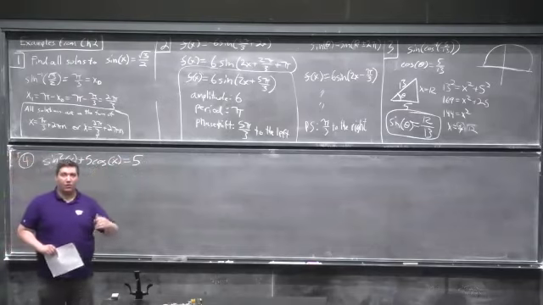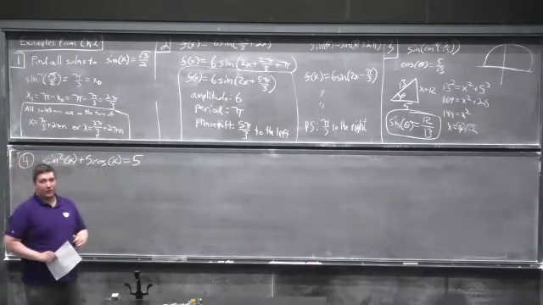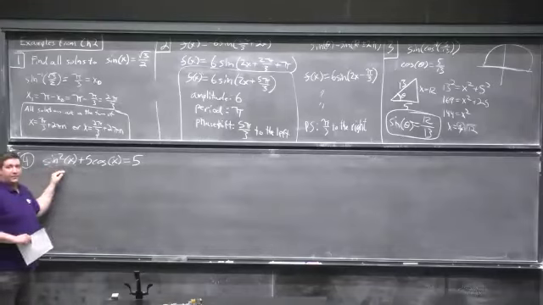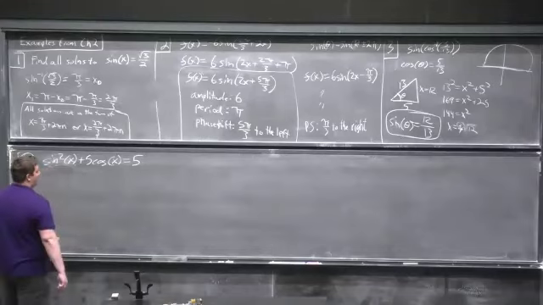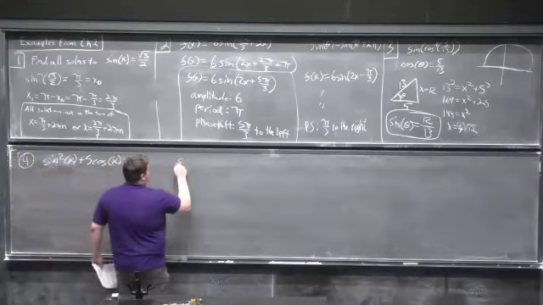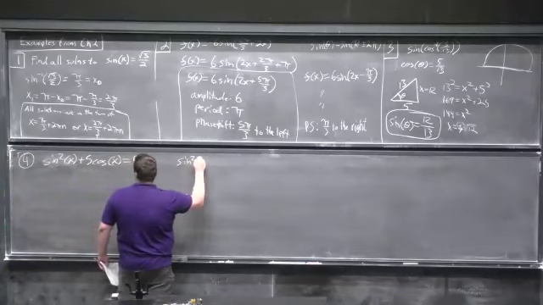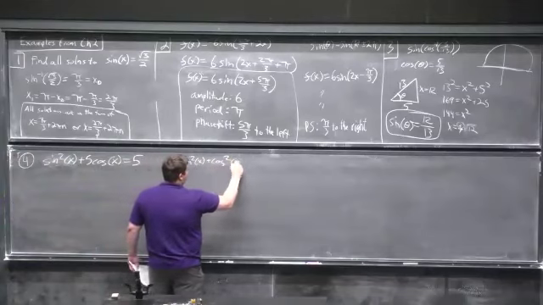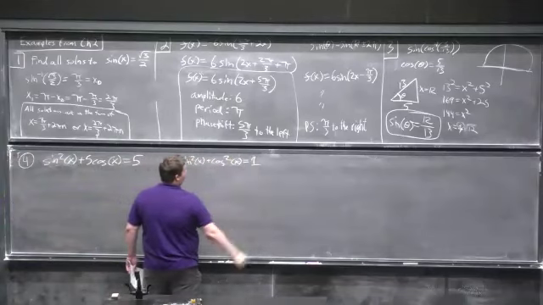So we have to make one of these look like the other. Which one's easier? In my opinion, I take the sine and make it look like cosine, because we have the Pythagorean identity of sine squared x plus cosine squared x equals 1.